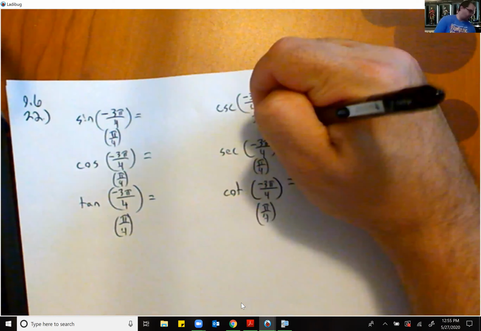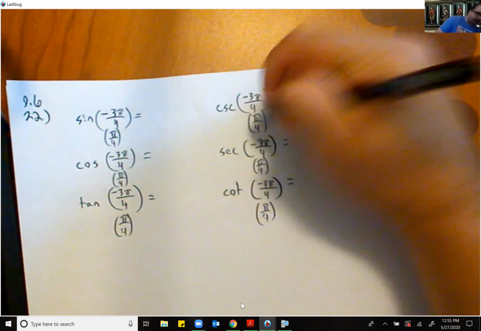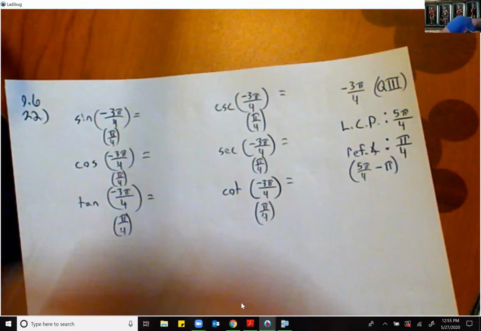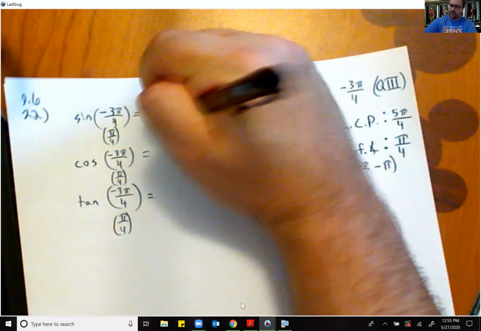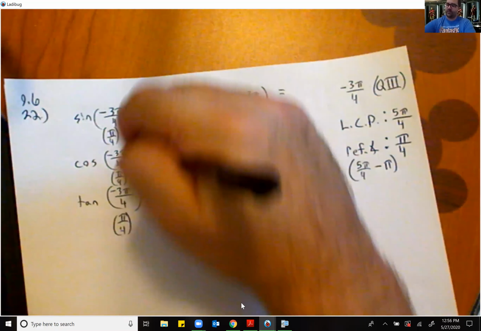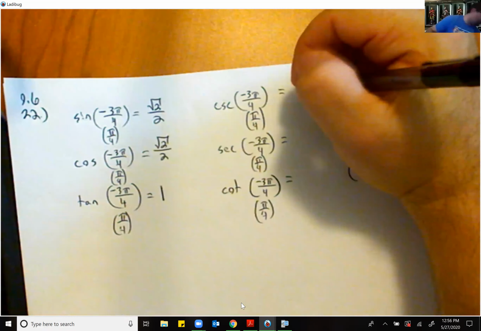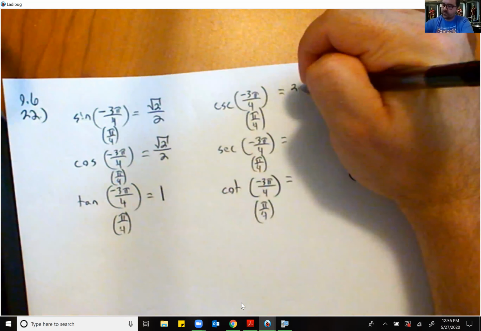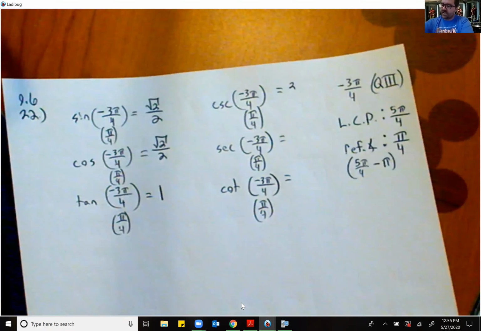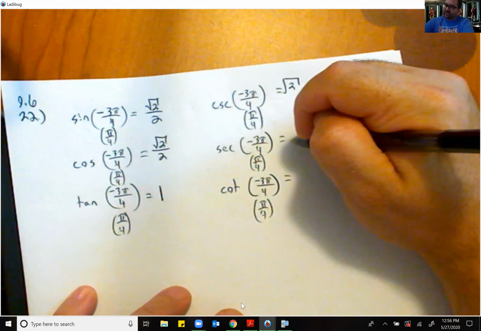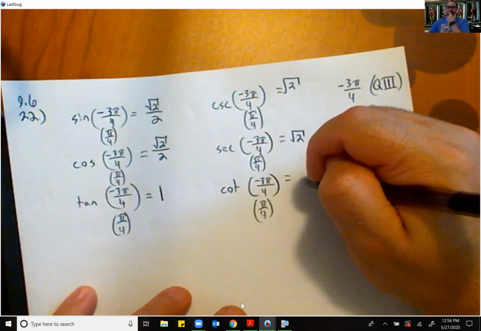And we know those answers. So let's find them real quick. Sine of pi over 4 is the square root of 2 over 2. Cosine of pi over 4 is the square root of 2 over 2. Tangent is 1. Cosecant is, no, just the square root of 2. Secant is just the square root of 2. Cotangent is 1. And then now you worry about the signs.